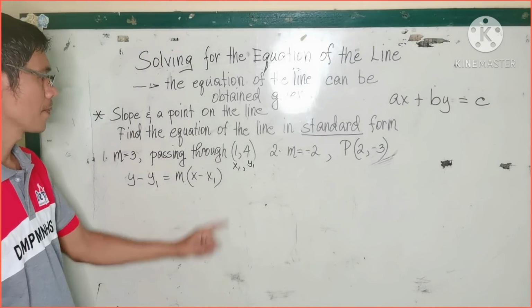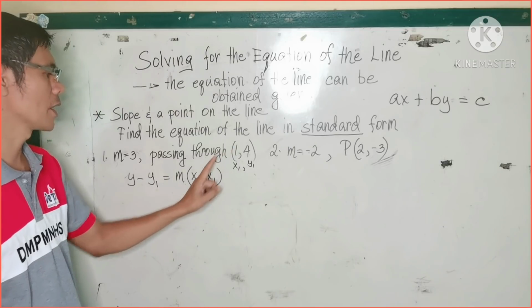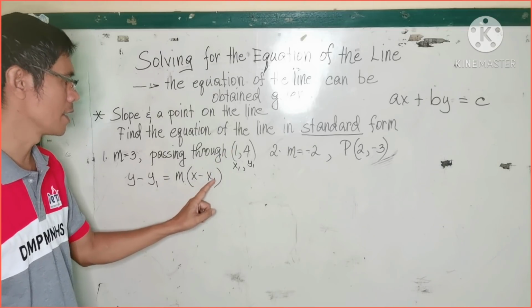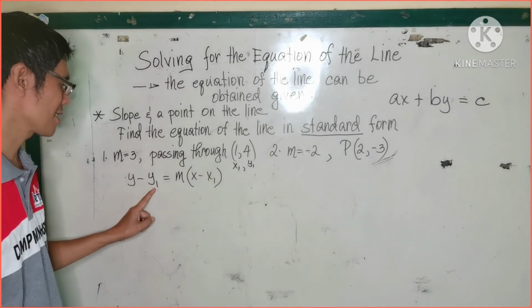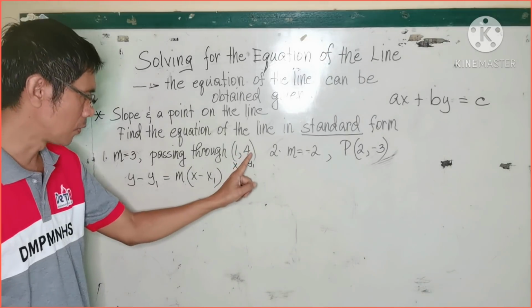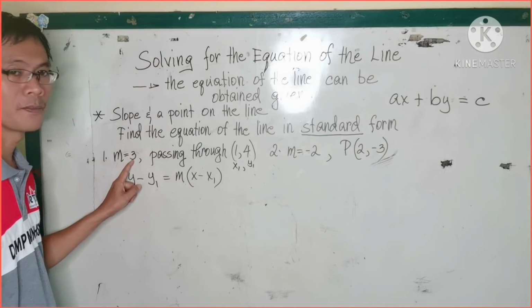Meaning to say, the value of x sub 1 is 1, and the value of y sub 1 is 4. And the value of m here is 3.